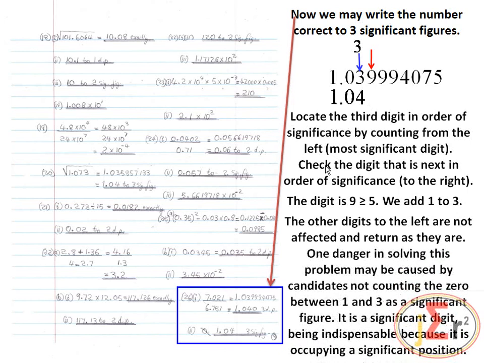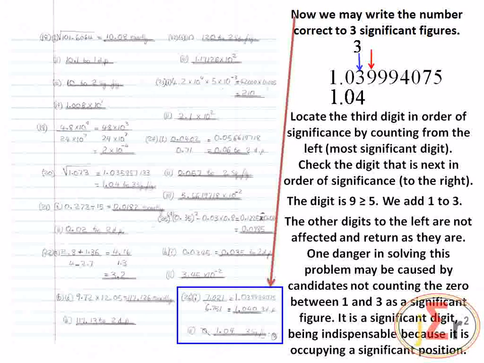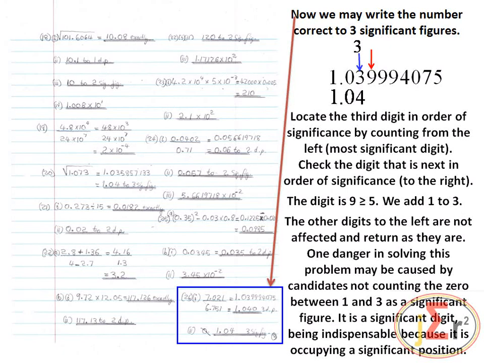One danger in solving this problem may be caused by candidates not counting the 0 between 1 and 3 as a significant figure. It is a significant digit, being indispensable because it is occupying a significant position.